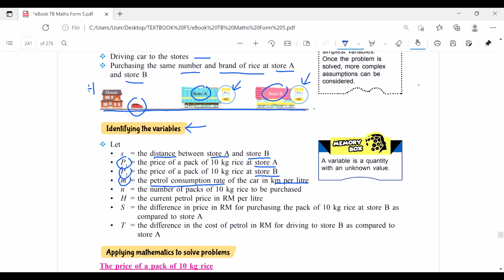The number of packs of 10 kg rice that you will purchase will also change. The current petrol price, RM per liter, you have to consider. The difference of price purchasing, of course, and the different cost of petrol in RM for driving to store B as compared to store A. You will find the difference.